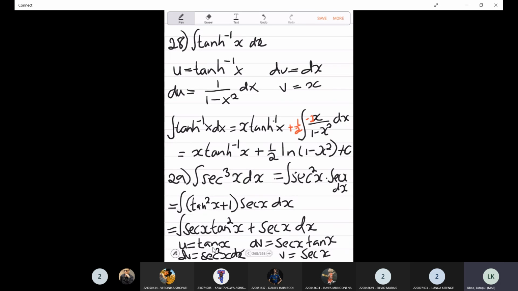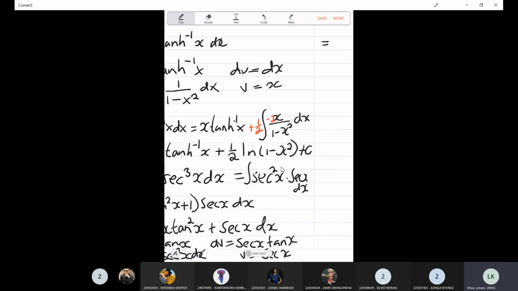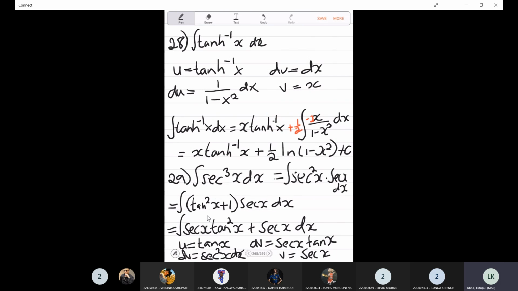Okay, so this integration by parts is the integral of this one. So now what we have is just uv. Okay, so we've split up the integral here. So this part here, the integral is u times v.